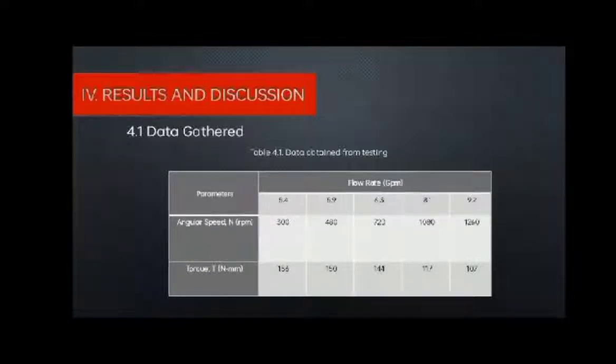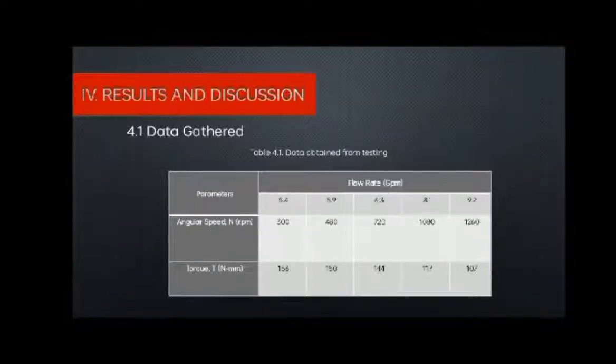The flow rates in gallons per minute are 5.4, 5.9, 6.3, 8.1, and 9.2. For 5.4 gallons per minute, the angular speed is 300 rpm and the torque is 156 Newton millimeter. For 5.9 gpm, the angular speed is 480 and the torque is 150.